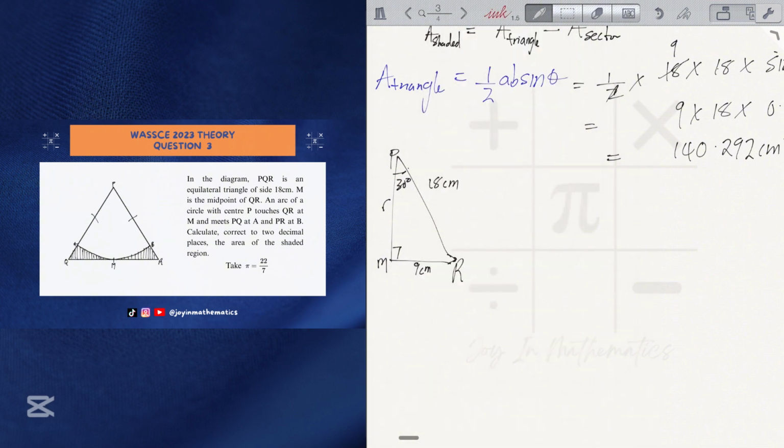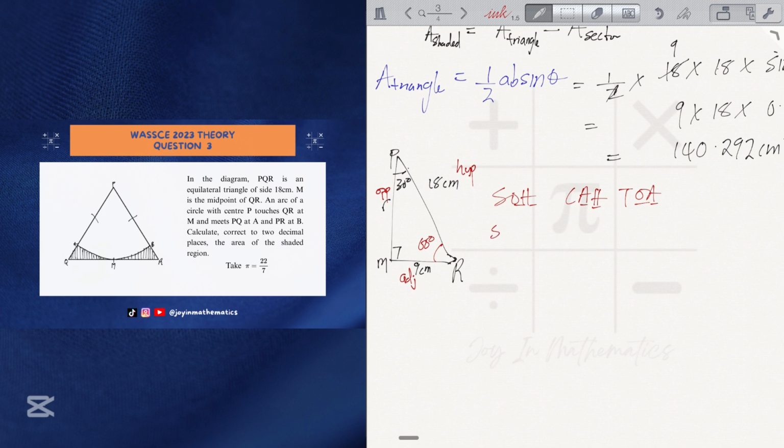I love using it. SOHCAHTOA means sine is equal to opposite over hypotenuse, cos is adjacent over hypotenuse, tan is opposite over adjacent. So when we are considering 60 degrees, R will be opposite, and this will be our hypotenuse, and this will be our adjacent.